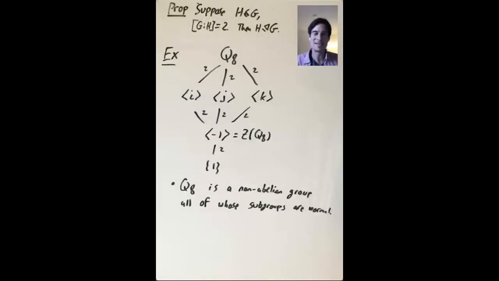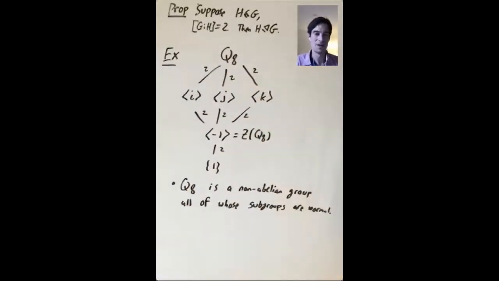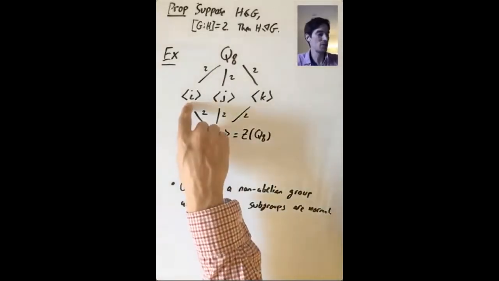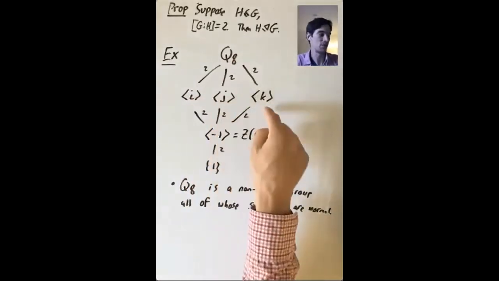Let's think about the example of the quaternion group of order 8. So I've drawn the lattice of subgroups here. We've already seen that every proper subgroup of this group is cyclic. So we have the subgroup generated by i, the subgroup generated by j, and the subgroup generated by k.